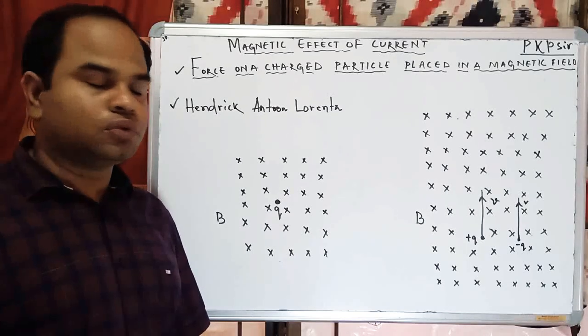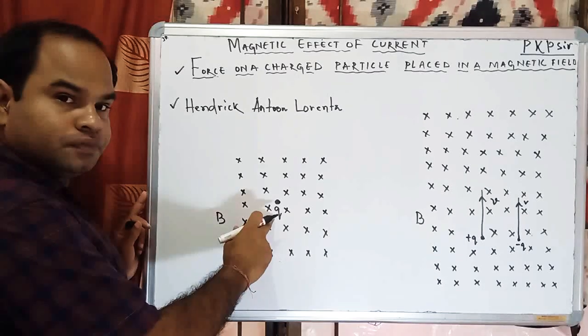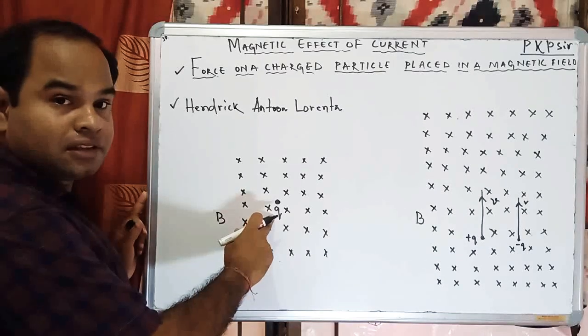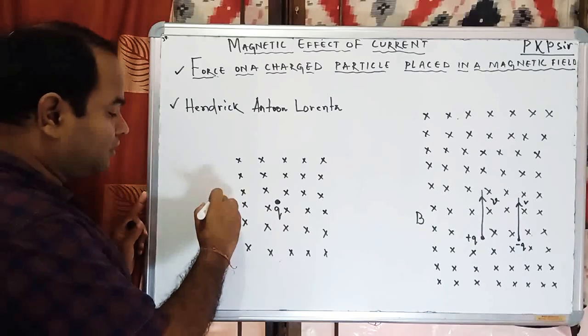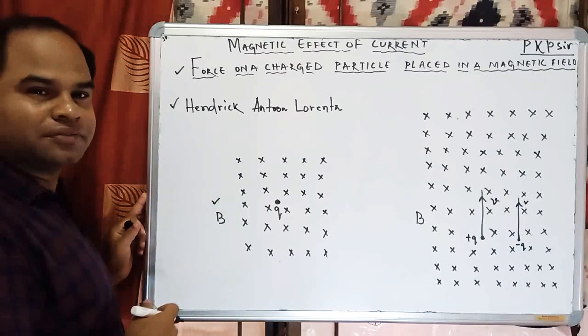Okay, suppose let us consider a charged particle Q which is placed at rest in a uniform magnetic field B. In that case, it experiences no effect.